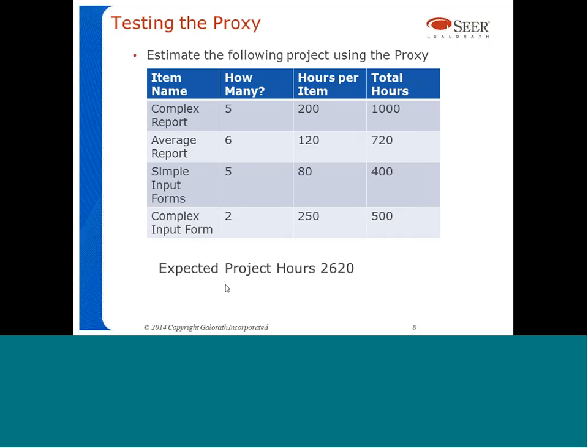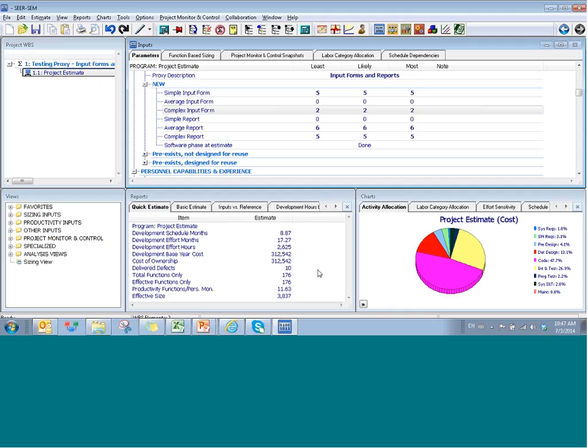We walked you through the process of creating a proxy in SEER using the size metric generator tool. We created a proxy and we tested and validated that the proxy delivers the expected results very accurately. As you can see, 2,620 hours was our expected effort, and SEER, using the proxy, came up with an estimate of 2,625 hours.